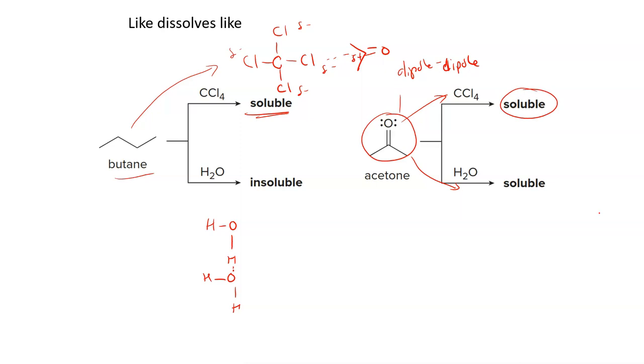And we can also then interact those different groups. If we have the partially negative, partially positive form here, then the oxygen in the water is going to be able to interact with that partial positive, and a hydrogen on water is going to be able to interact with that partial negative. So this allows it to be soluble in both different types of substances.